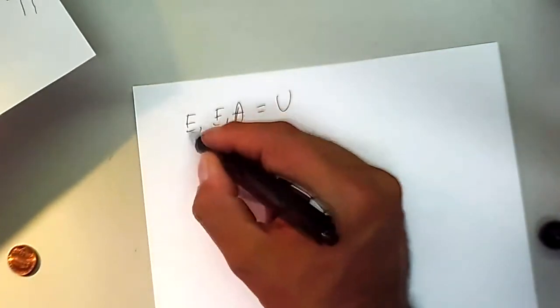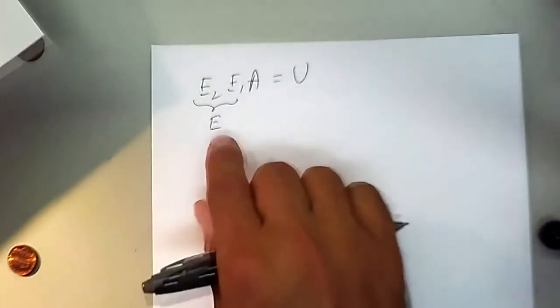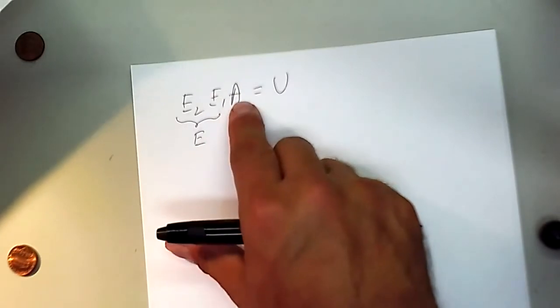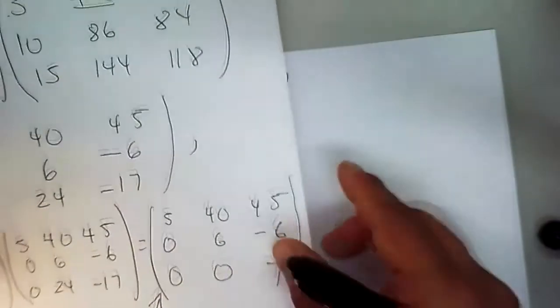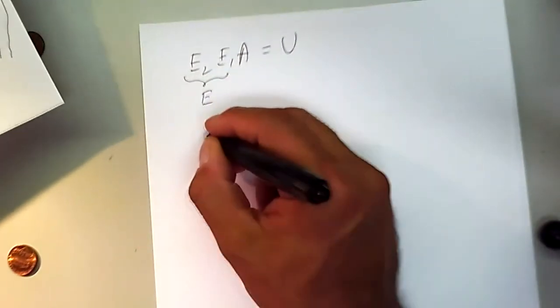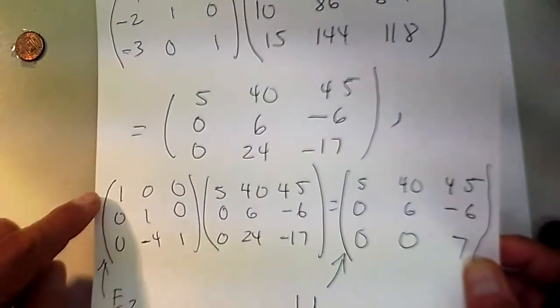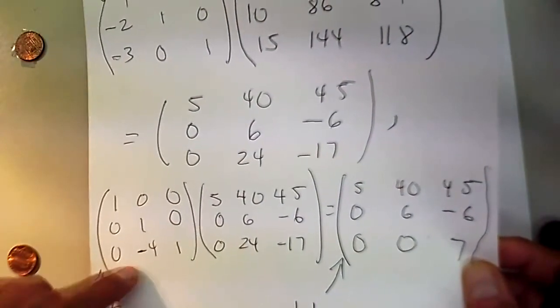Now let's multiply those two, and we're going to get a giant E, a big elimination matrix that clears off a bunch of entries all at once. We're going to multiply E2 and E1 in that order. E2, the ink still fresh on this piece of paper, has a -4 here.